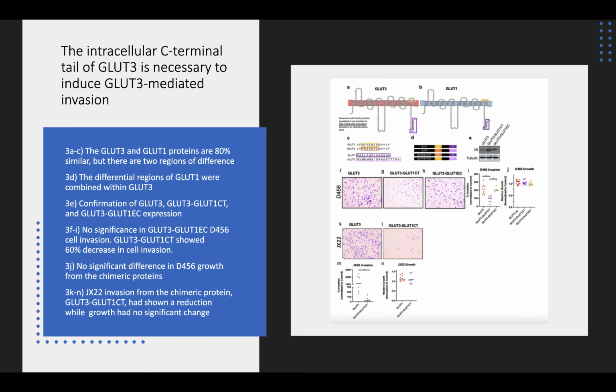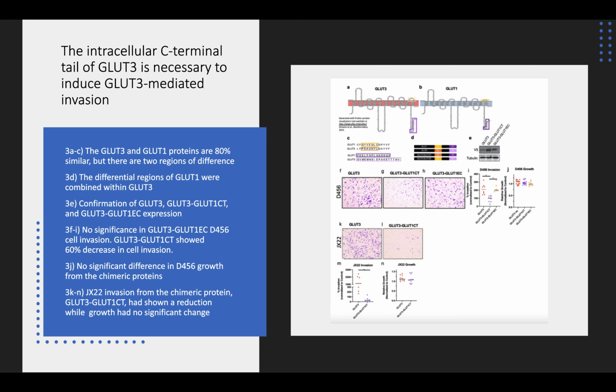The chimeras that we see are GLUT3-GLUT1 CT, which means the structure from GLUT3's C-terminal is being replaced with that of GLUT1's C-terminal, and the same with GLUT3-GLUT1 EC.